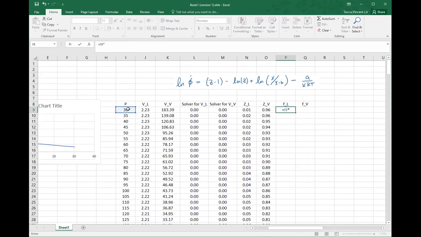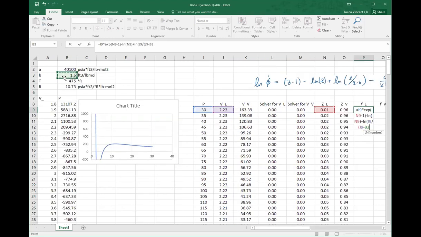the exponent, and in Excel that is exp, the function call. So it's Z minus 1 minus ln of Z. This is all for the liquid, remember, I'm doing the liquid phase, so I'm picking the liquid numbers, plus ln of V for the liquid divided by V minus B. And close out all the parentheses correctly.